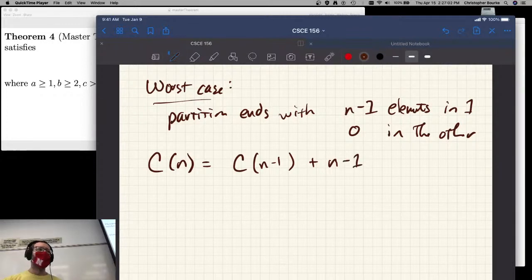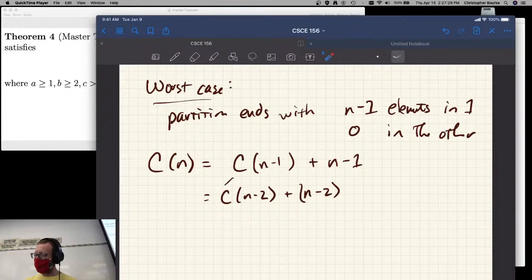Now, this is a linear non-homogeneous recurrence relation that you could probably solve using, say, 235 material. Or you could just kind of preview it, right? What if I were to unroll this one? What would it look like? If I plugged in n minus 1 over here, I would end up with C sub n minus 2 plus n minus 2, plus the original n minus 1.